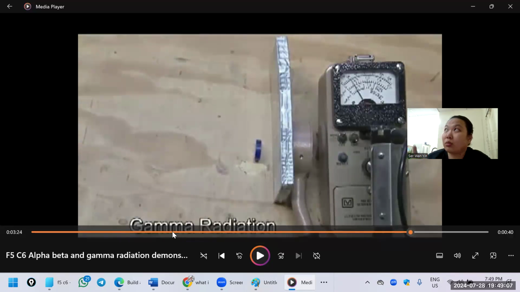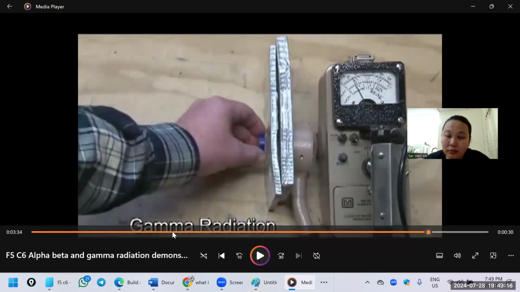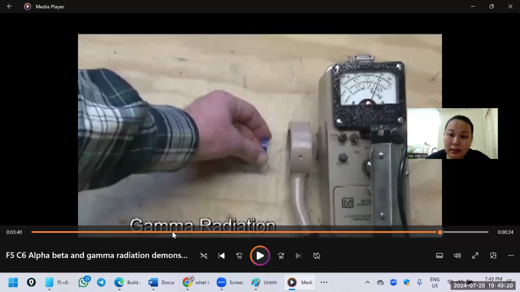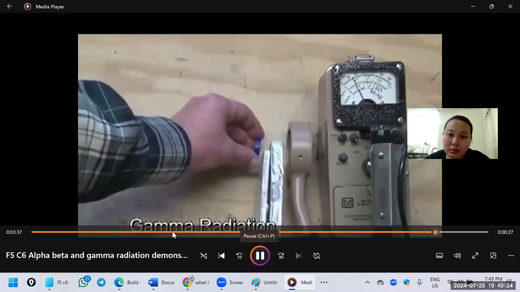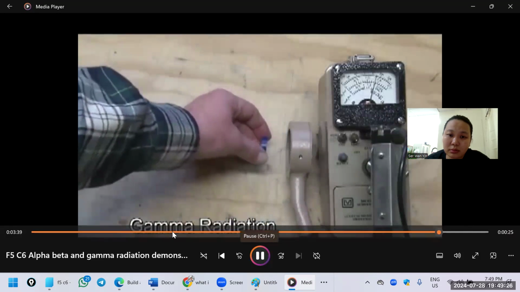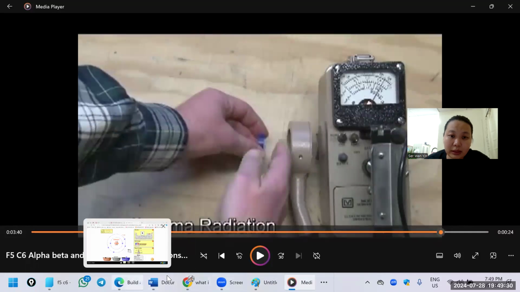Concrete means our wall. Okay, but thin also cannot, must be very thick lead, then only can block. Okay, so now that's alpha, beta, gamma.